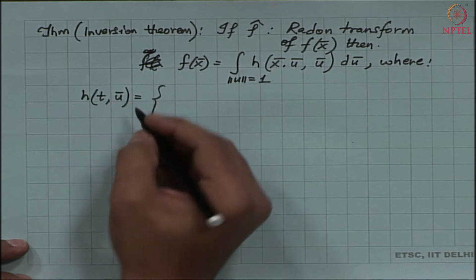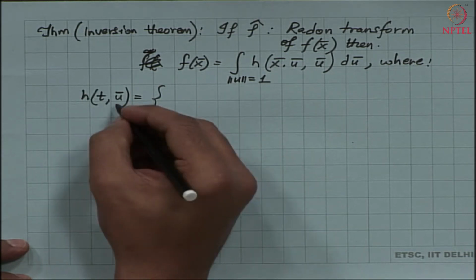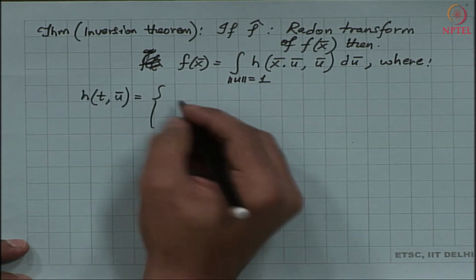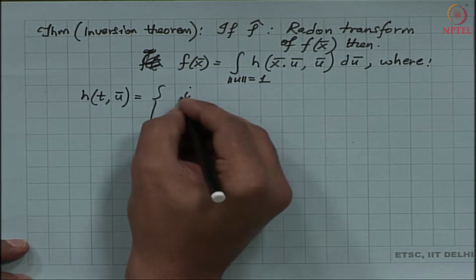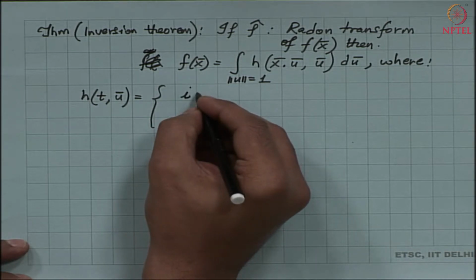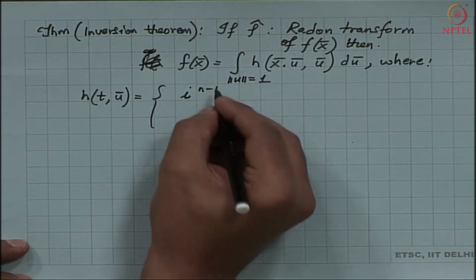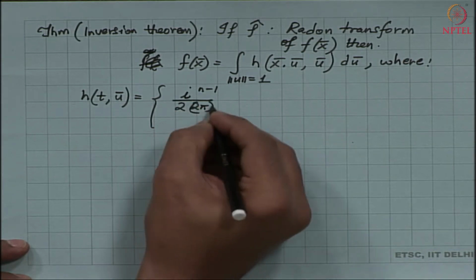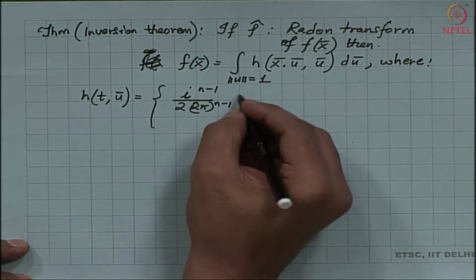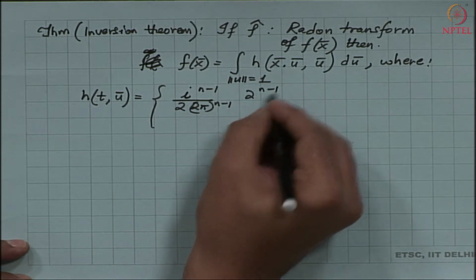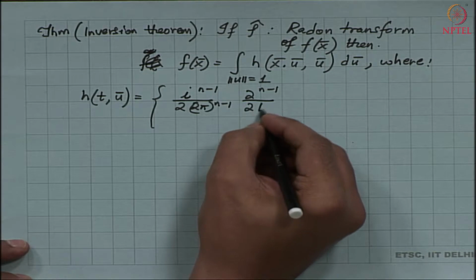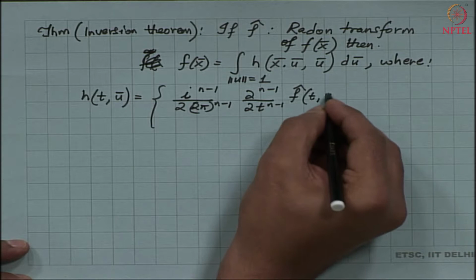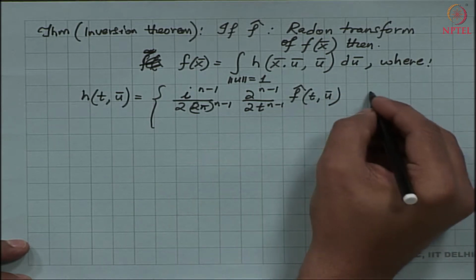So, I have that this h of t comma u, the inverse, is as follows. This is iota, the complex square root of negative 1, to the power n minus 1, divided by 2 pi to the power n minus 1, times the n minus 1th derivative of f hat of t comma u for odd n.